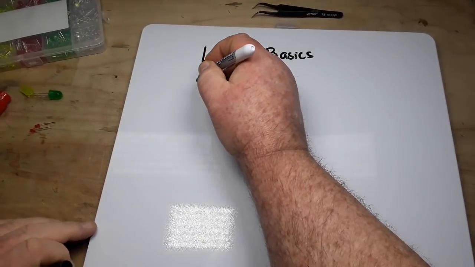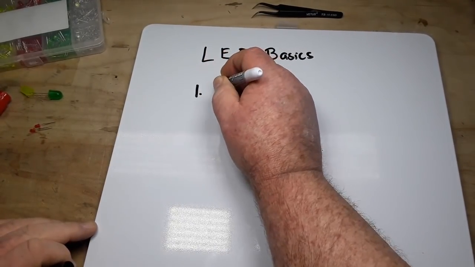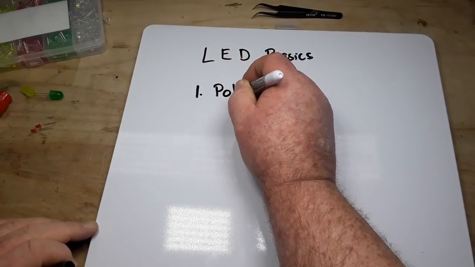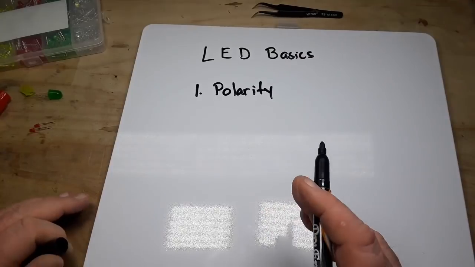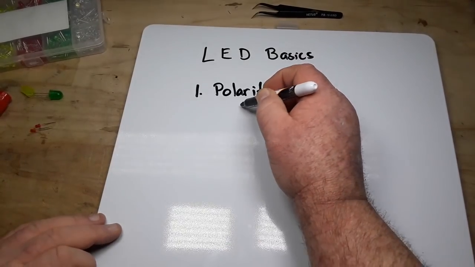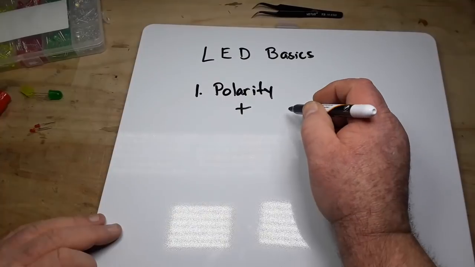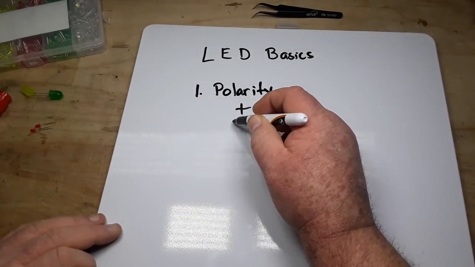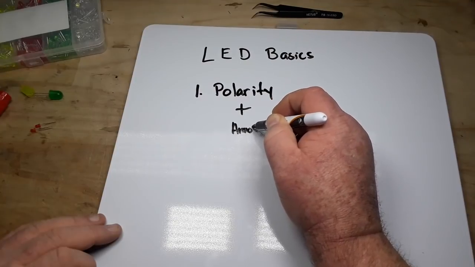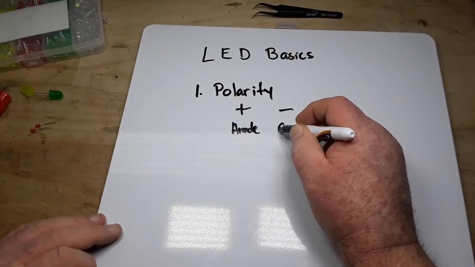Thing number 1 that you need to know is the polarity. LEDs are polarized devices. That means they have a positive side and a negative side, which are known as the anode and the cathode.